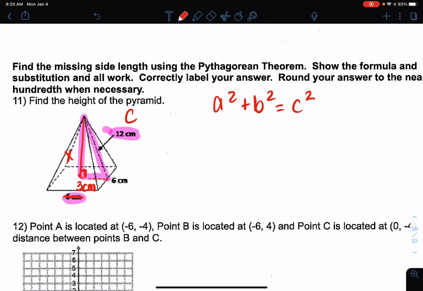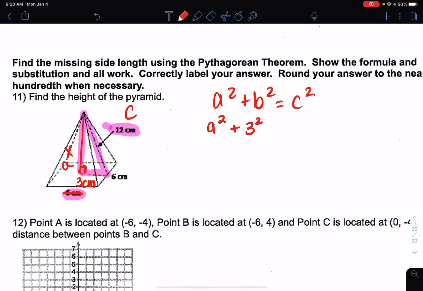So plugging this in, I'm going to leave a squared alone because we're going to identify that missing leg as a. Then I have 3 squared for the base, which is one of my legs, and then my hypotenuse, which is 12 squared. It's a measurement of that side.